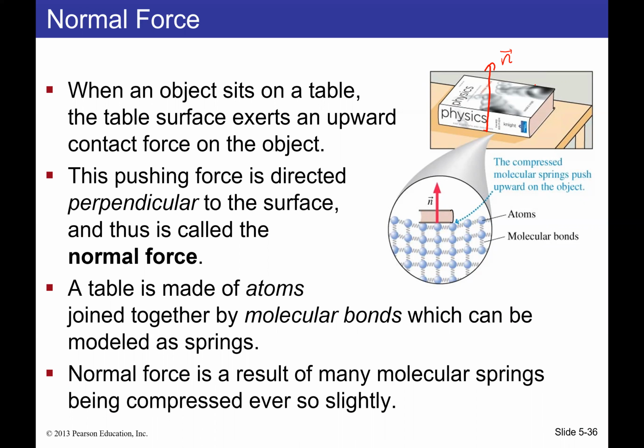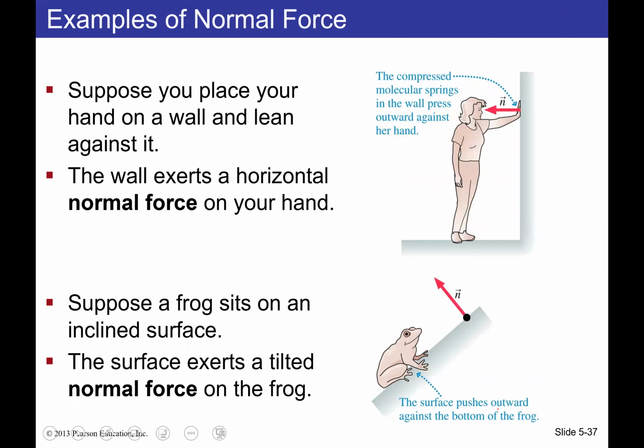But obviously, if we have a surface that changes, let's say an incline or something like that, then the direction of the normal force will also change, like in this example. If your surface is a wall, then the wall exerts a force perpendicular to its surface, which will be a horizontal force.